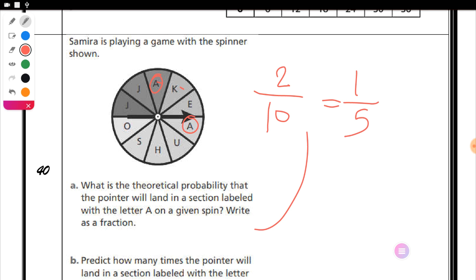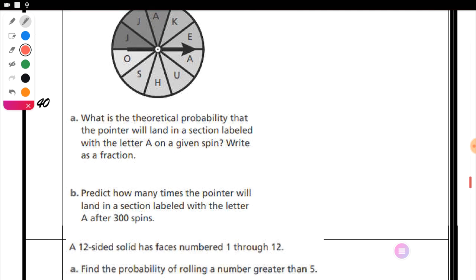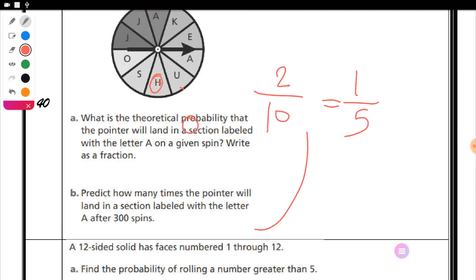Okay, B. Predict. Take care about it. To make a prediction, we take the equal fraction. That's what we will do. How many times will the pointer land on the section labeled with the letter A after 300 spins?